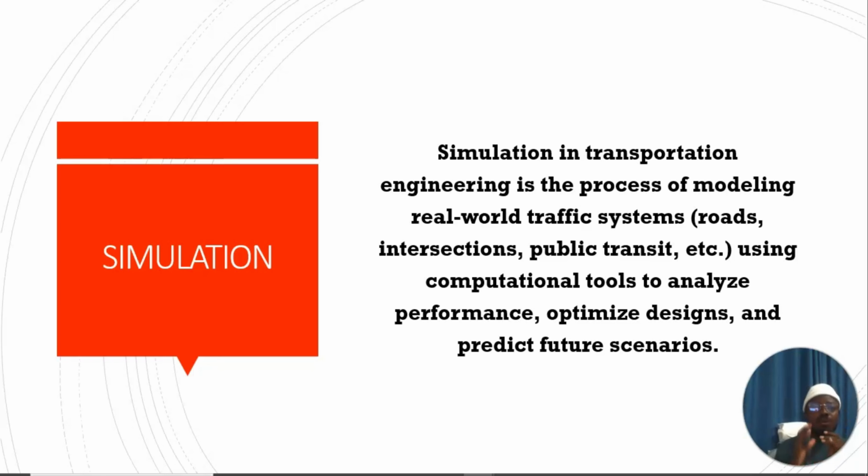So that is what simulation is. From what we can see on the slide, it's used for roads, intersections, public transit, etc., using computational tools to analyze performance and optimize design. There are some computational tools that are used in order to make this effective.